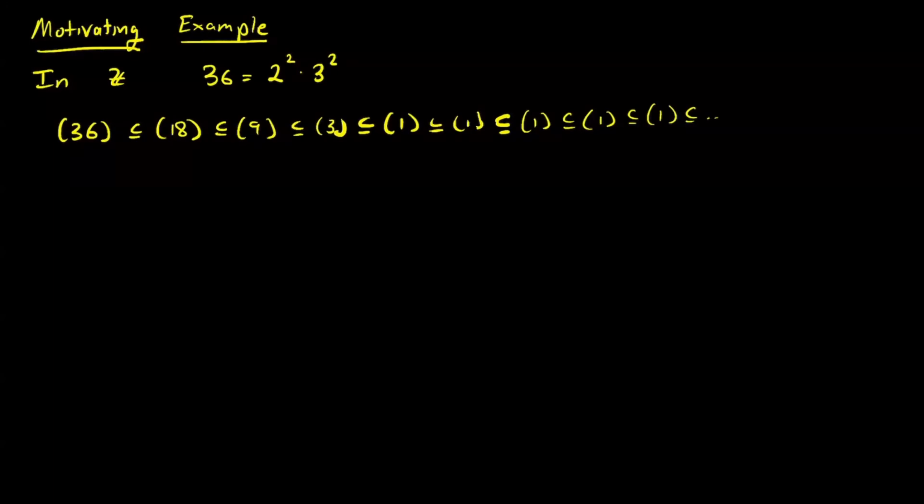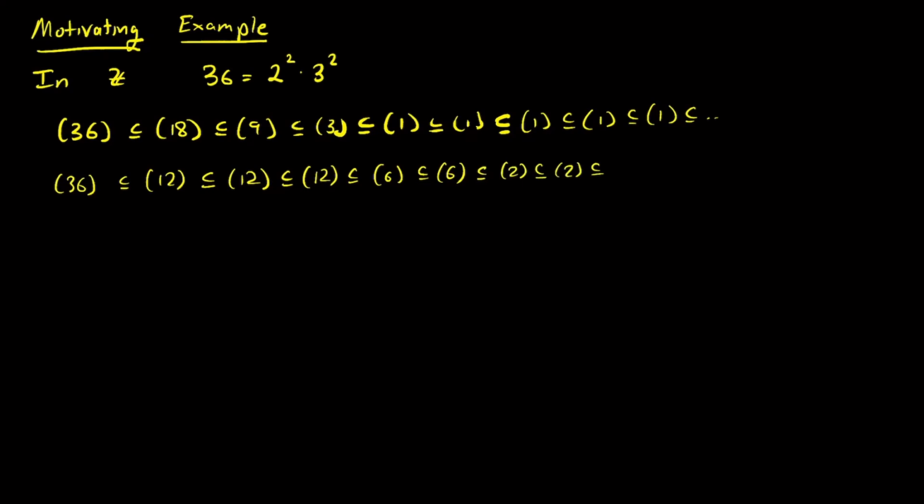And then you might ask, what if I started with something other than 18? What if I did 36? I know that this is contained in the ideal generated by 12, and maybe we can repeat some 12s. So this is all still true. And then maybe at some point I skip down to 6 and repeat the 6 once, and this is contained in the ideal generated by 2.